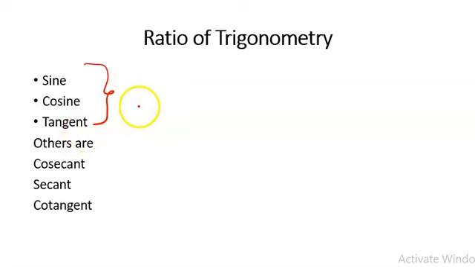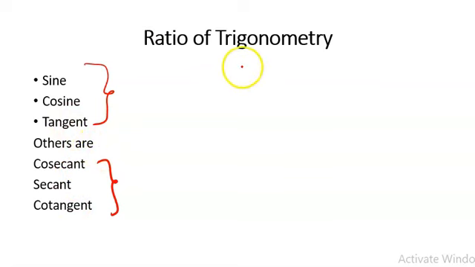These are the basic 3. For those of you doing core maths alone, work within this. There are other 3, which are cosecant, secant, and cotangent. Those doing elective maths add this to the first 3.